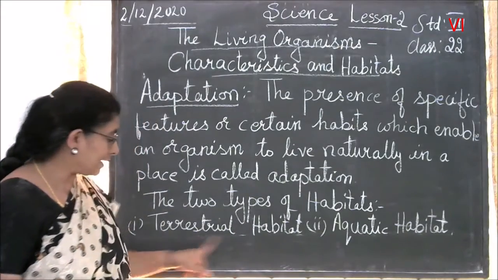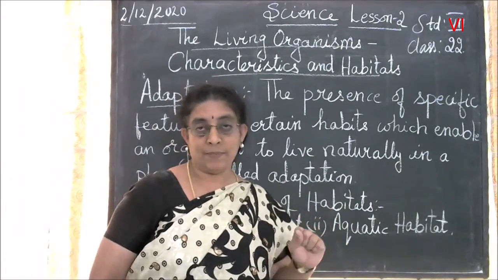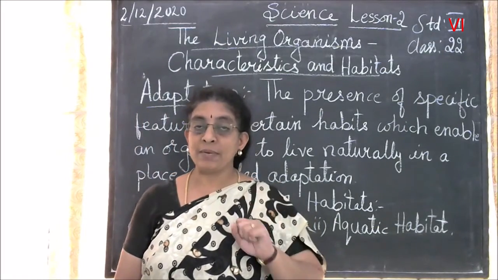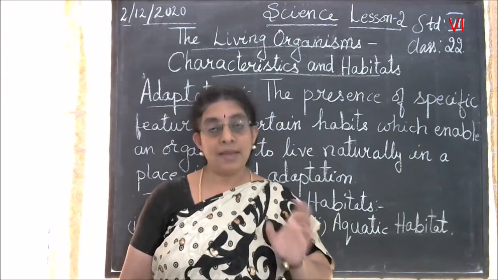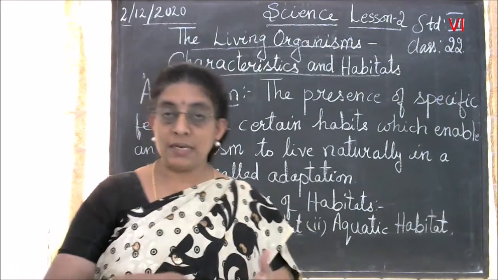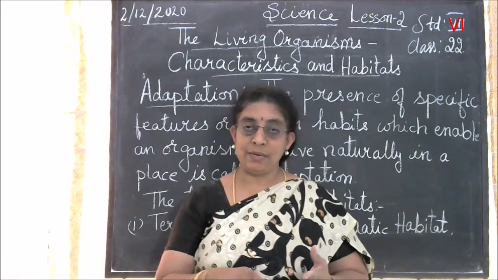So over here we have got two types of habitats. One is the terrestrial habitat and one is the aquatic habitat. Terrestrial habitat means the habitats which are there on the land. Okay, so the animals or the plants which live on the land are called the terrestrial habitats.